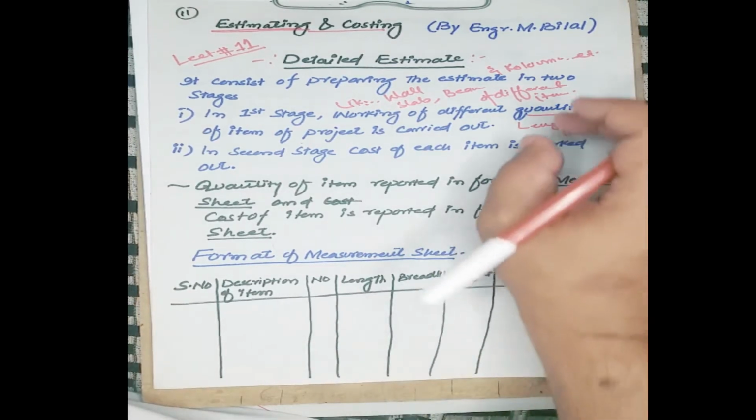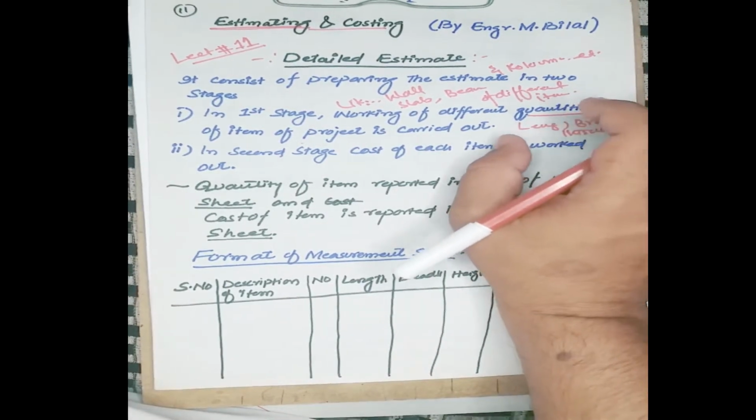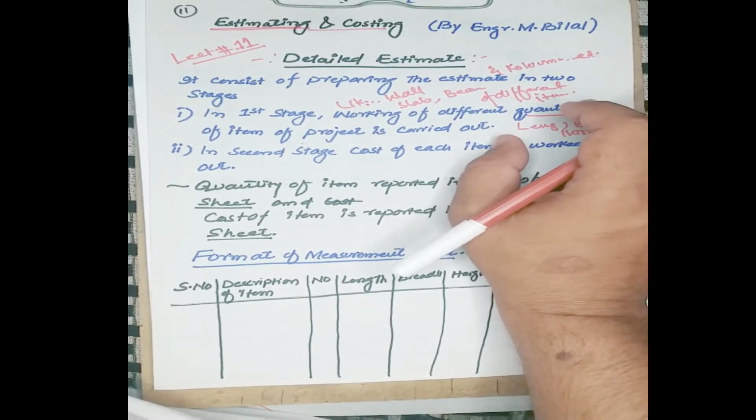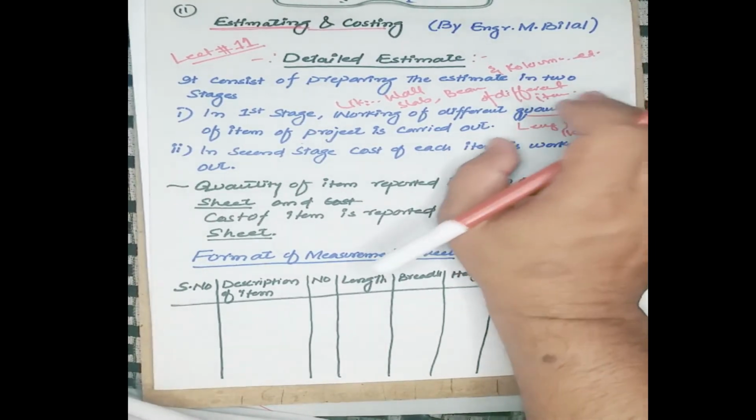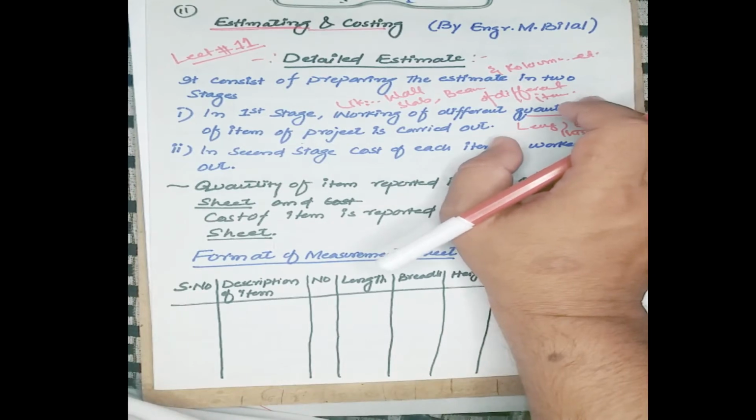So in the first stage, we measure or work out the quantities of the different items of the project.